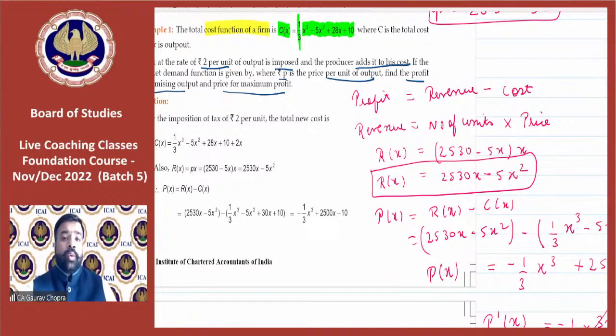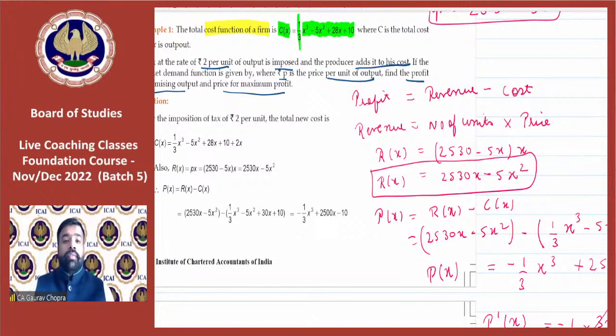Now, in order to calculate the profit, we have to apply the formula, that is revenue minus cost. Now, what is the revenue? Price multiplied by number of units. So we have taken number of units as x, and price is given 2530 minus 5x. After that, we can subtract the cost function from the revenue function. After subtracting, we are getting profit.